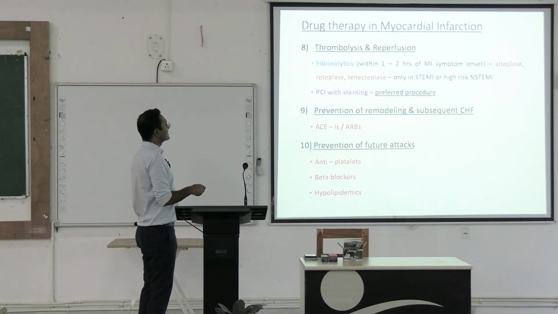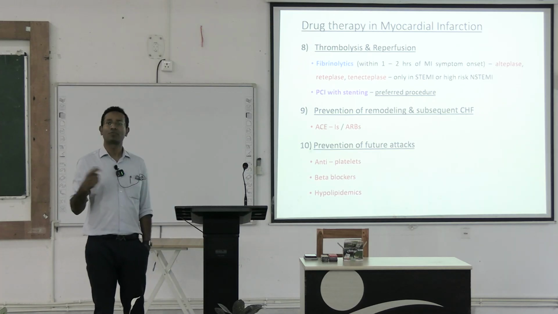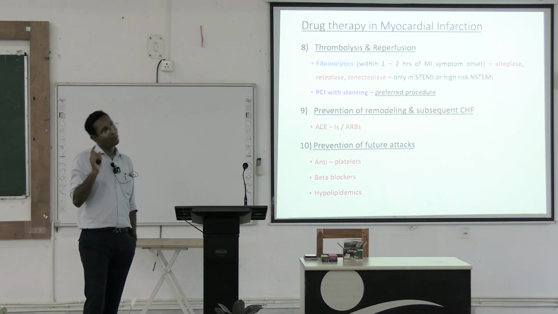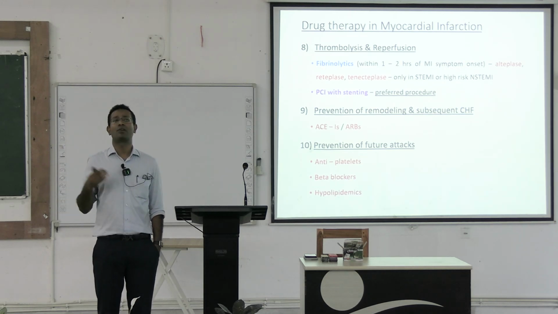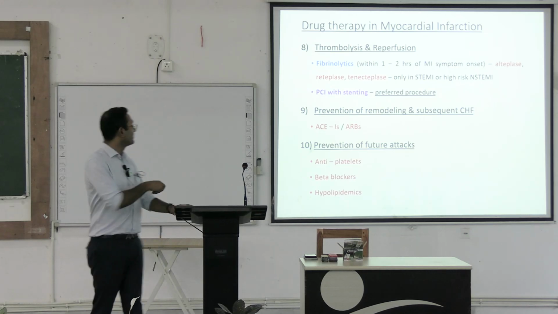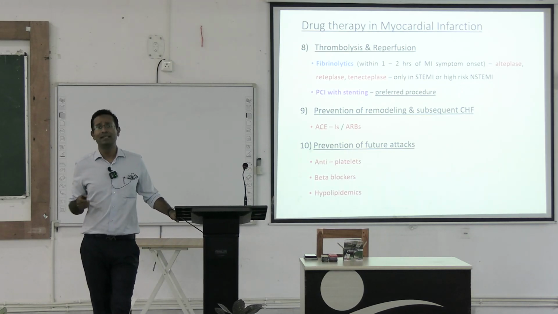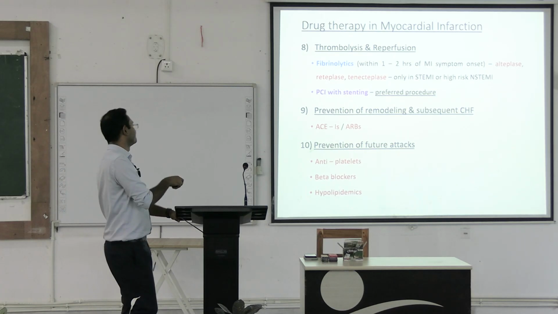Fibrinolytics like alteplase, reteplase, tenecteplase can be given in STEMI or high-risk non-STEMI cases. PCI with stenting is the preferred procedure, depending on whether the patient comes to the ER or the hospital within the first 4 hours. PCI is percutaneous coronary intervention: coronary angiography, balloon therapy, stenting, these are all PCI.